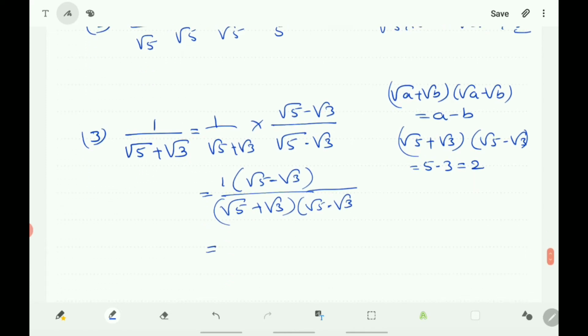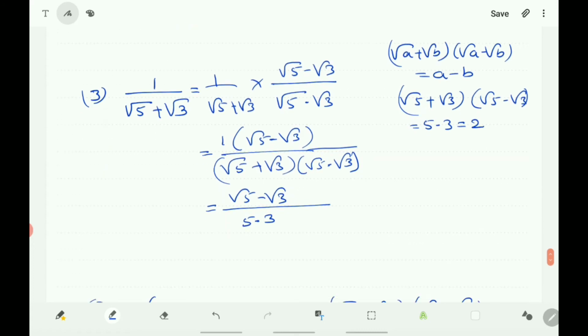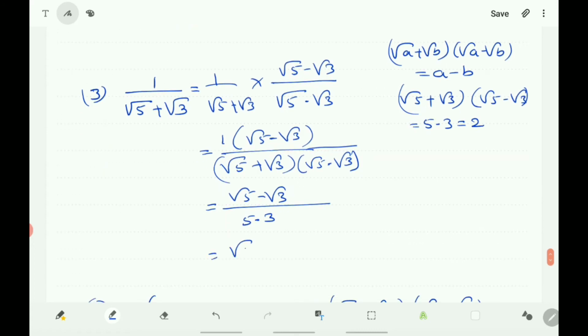The numerator: 1 into root 5 is root 5, and 1 into root 3 is root 3, so root 5 minus root 3. The denominator, the product, becomes 5 minus 3. 5 minus 3 is 2.